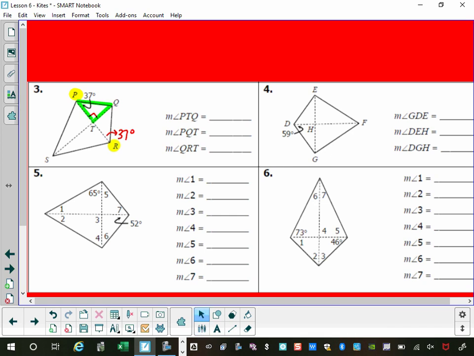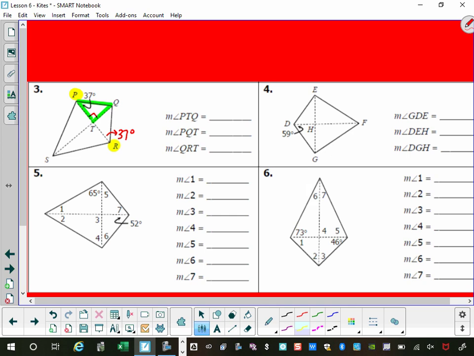Alright, Joseph, there's how many degrees inside of a triangle? 180, right? All right, so I already have that, and look in the green part. This top angle is 37, this is 90. How can I figure out what this part is? What'd you get? You have to do 180 minus 90 minus 37.